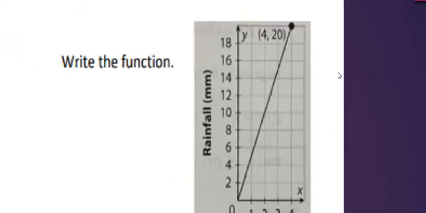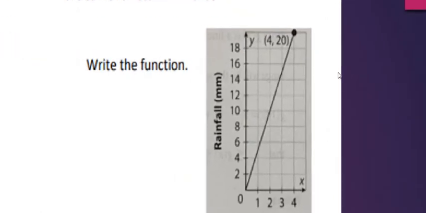So the first thing you're going to do is find your slope. When I look at your slope, I see I have the numbers 4 and 20, and I could use another point. Where does this line go through a corner? It goes right between 2 and 10, so at this point, 2, 10.